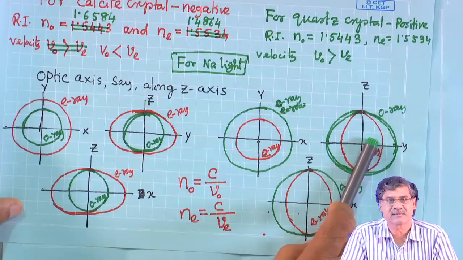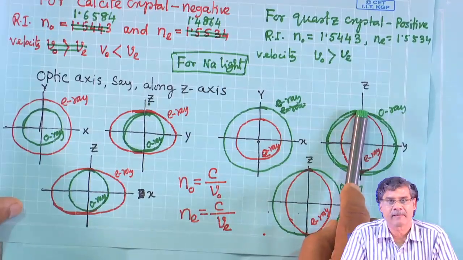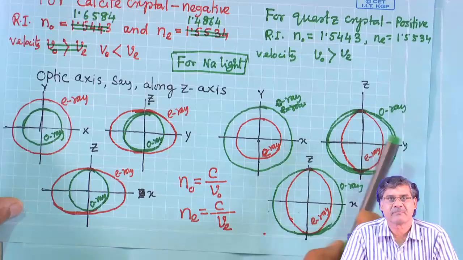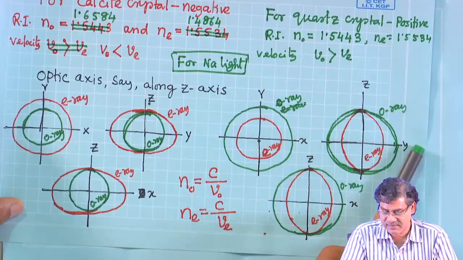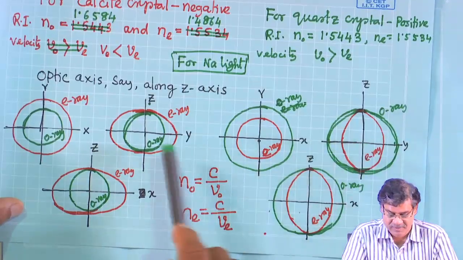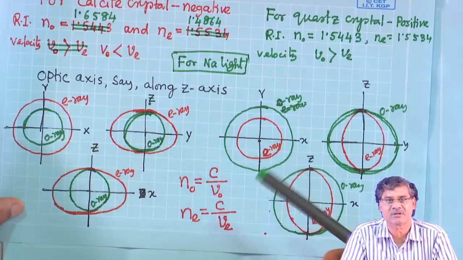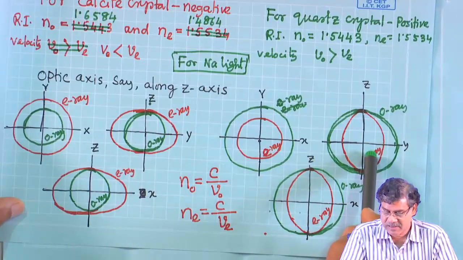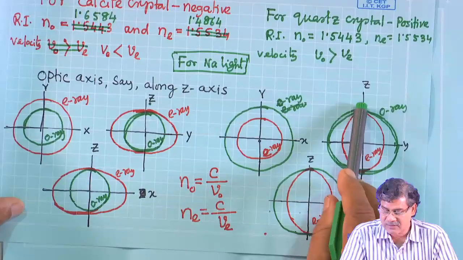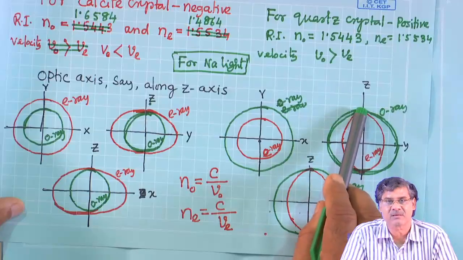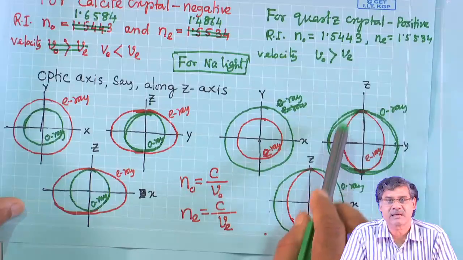So, the z axis velocity will be the same, in the other directions, x or y direction, the velocities are different, and it will be just the reverse of that, the velocity of E ray is less than the velocity of O ray, right. So, here also we have to keep this velocity higher, because the velocity of O ray is the same in all directions.